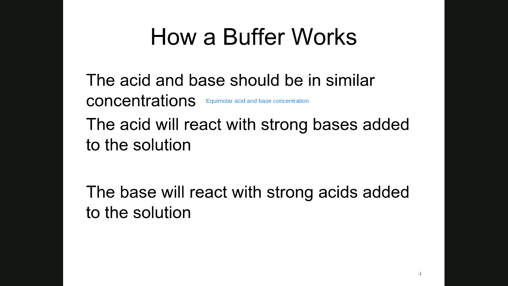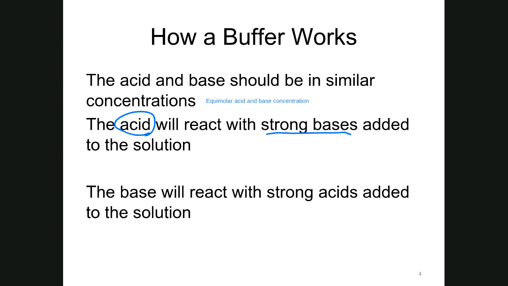And like we said before, since this contains an acid and a base, if we add a strong base to our reaction, then the acid from the buffer is going to react with it. So here's what that would look like generically.